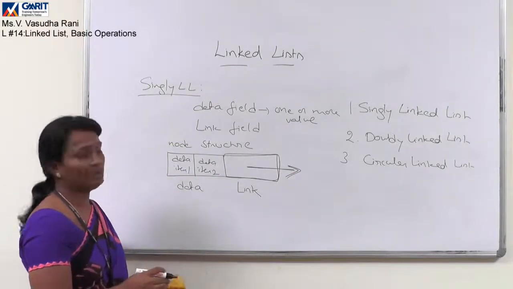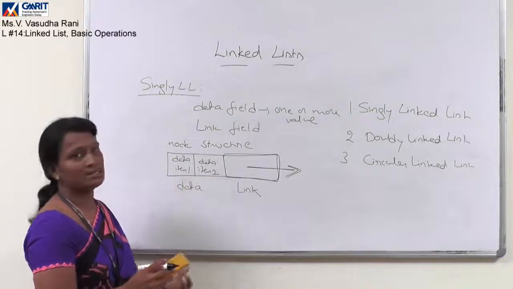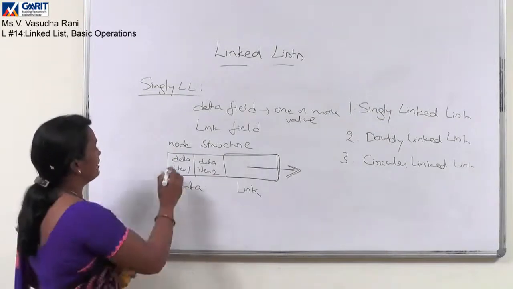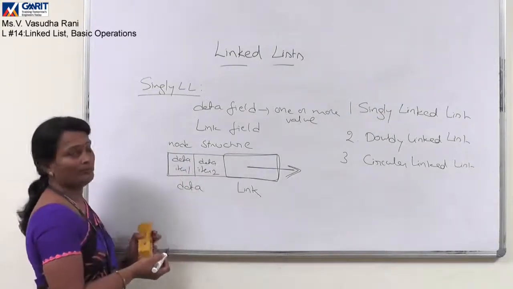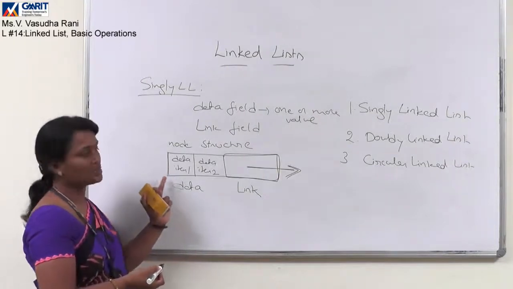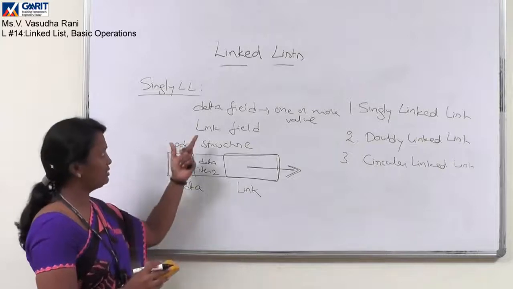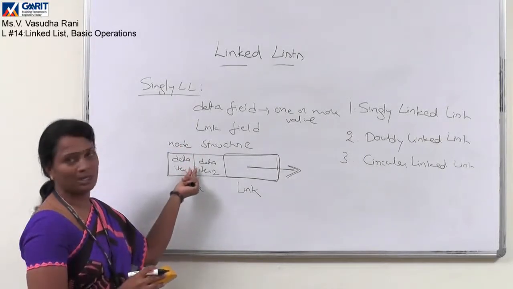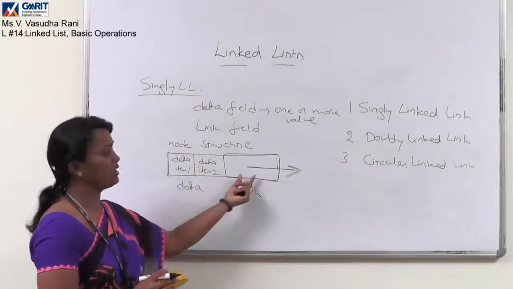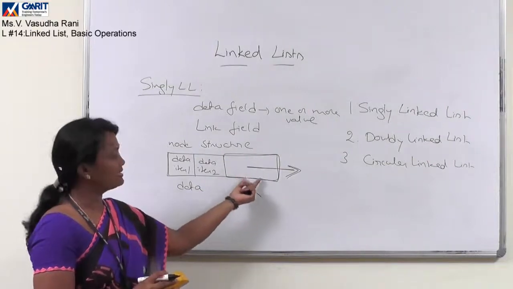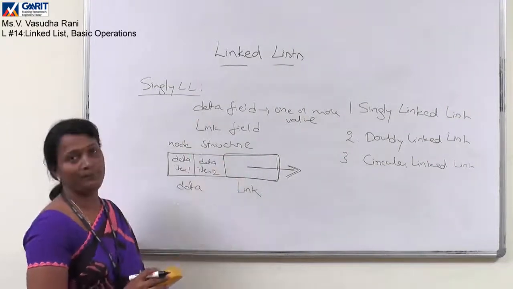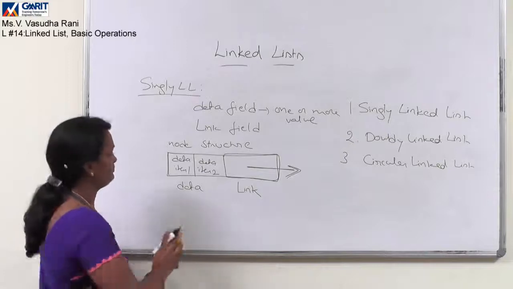So this is the structure for a node in a singly linked list. But for our usual assumption, we will take the default node structure with one data item and one link field. As per the definition, there can be more than one data item in the data field, but only one link field. As it is one link field, the name has come singly linked list.